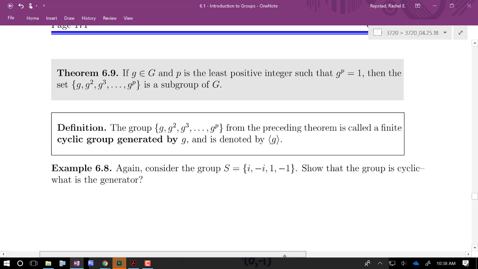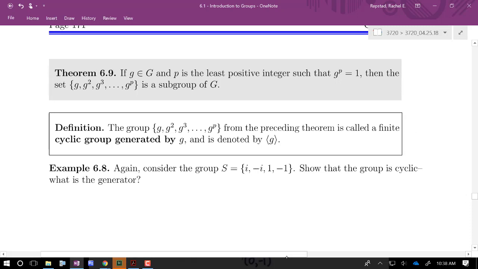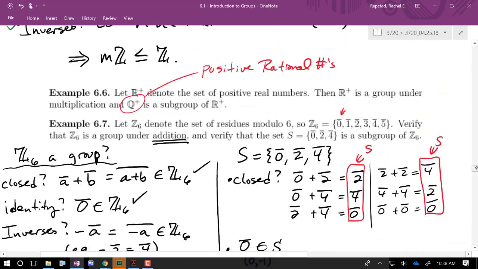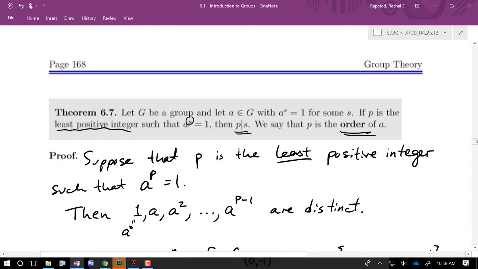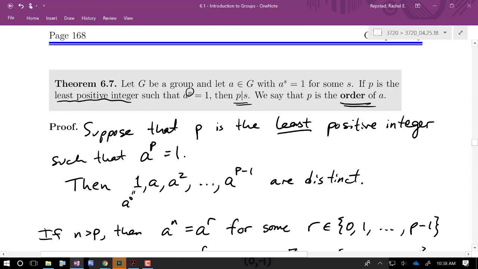Last time we were talking about the order of an element, and I think it was when we were proving, oh yeah, this one, and we said, suppose we have some least positive integer, and we could just keep smashing a together with itself and kind of generating these. I don't remember if it was Hunter or Riker, but you made some comment about, oh, so it's all sort of cyclic behavior.